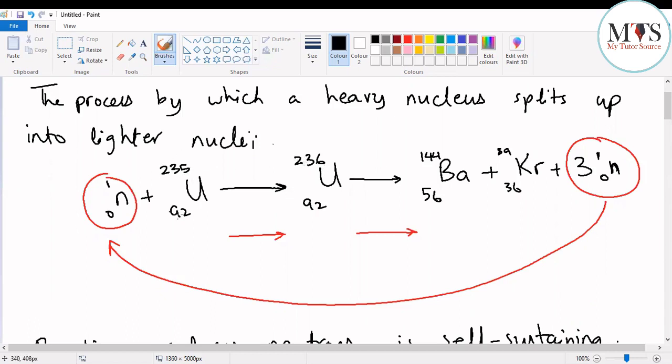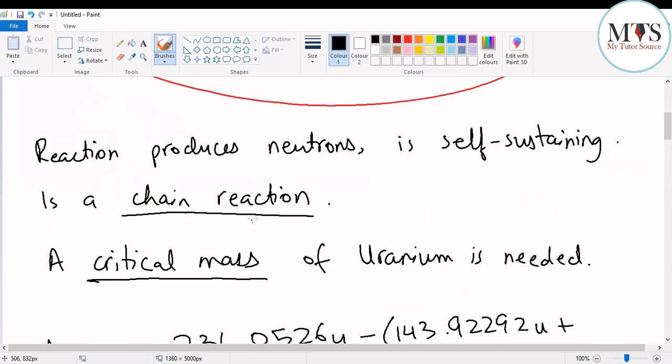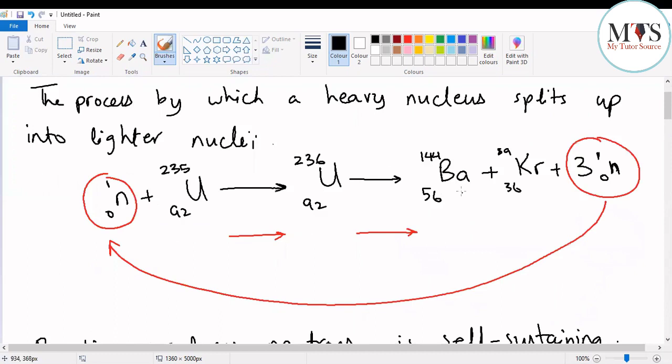You have uranium in your nuclear power plant, and you collide it with a neutron in a controlled way, and that causes a cascade of reactions, a chain reaction where each uranium atom decays and produces more neutrons, and those neutrons react with uranium again, and so on. So the reaction keeps going and keeps releasing more and more energy. If we do this in a controlled way, you can create electricity. If you do this in a not so controlled way, you can create bombs as well.